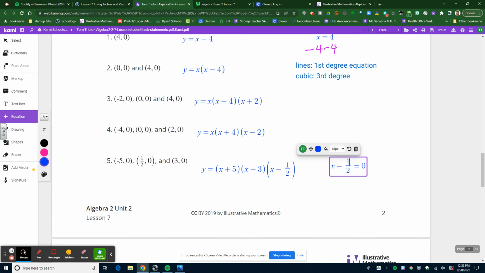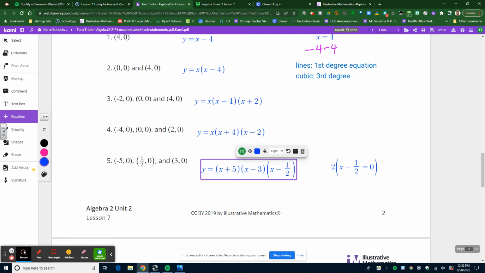So I'm going to put this whole thing in big old parentheses. When I multiply everything through by 2, what happens? In front of the x becomes 2, and 2 times a half is 1. So this is more likely what you're going to see.